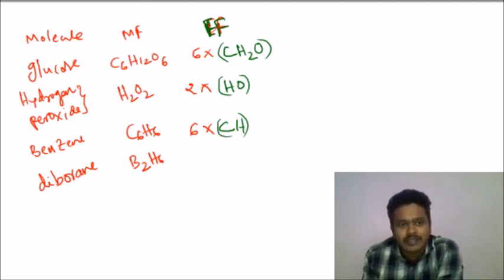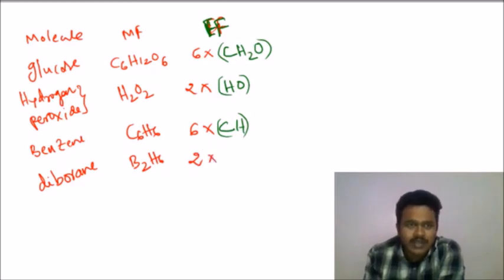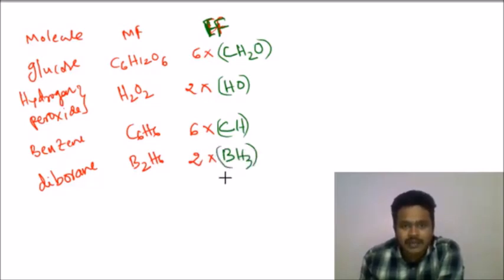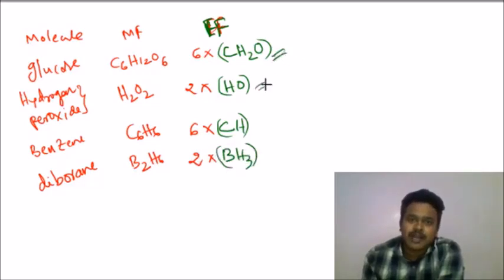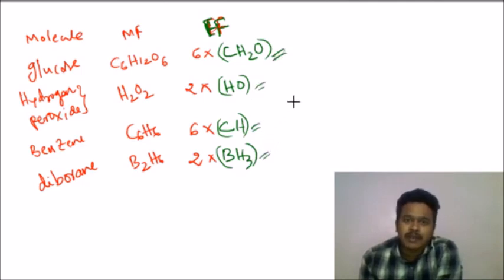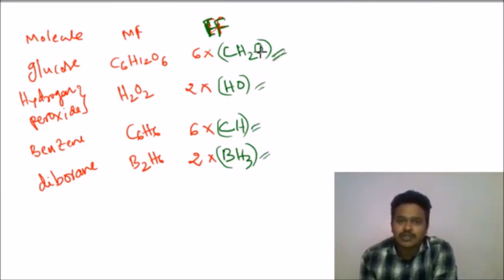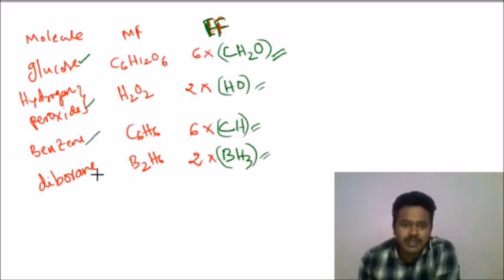In a similar way, B2H6, I can take 2 common, so B and H3. These are all the empirical formulas, the ones in green. CH2O is the empirical formula for glucose. HO, otherwise OH, is the empirical formula for hydrogen peroxide. CH is the empirical formula for benzene. BH3 is the empirical formula for diborane.